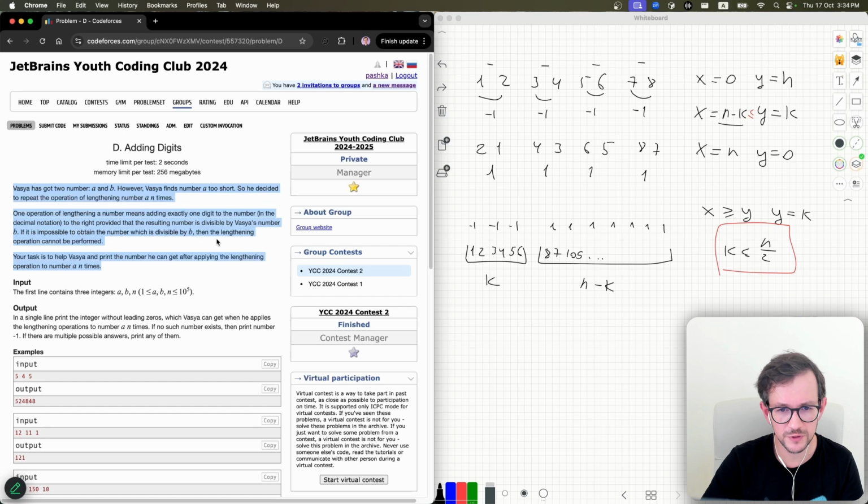I forgot the problem. I solved it before, but I just forgot what's going on here. Sorry. Can play the operation n times. Can I just add zeros? No.